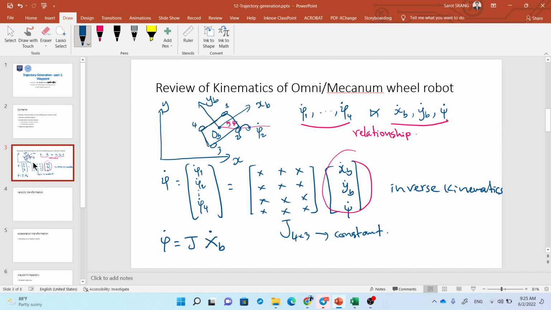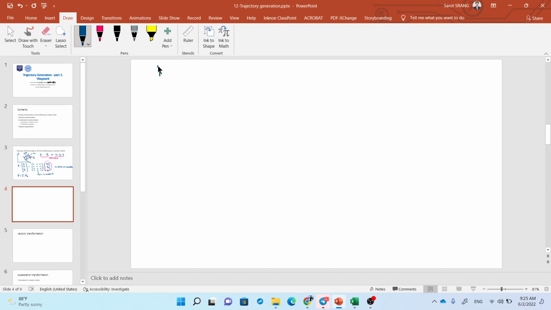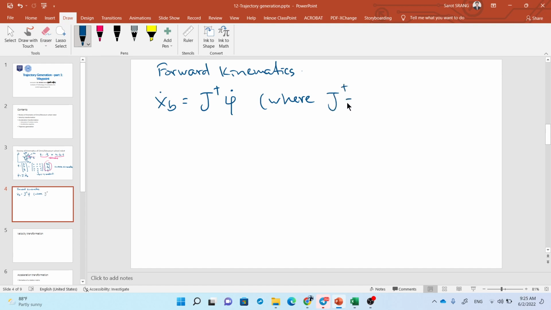And then for the forward kinematic, we need to find Hb dot equal to J dagger times phi dot, where J dagger is J transpose times J inverse times J transpose. Okay, because J is not square.